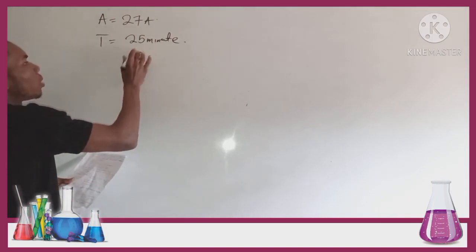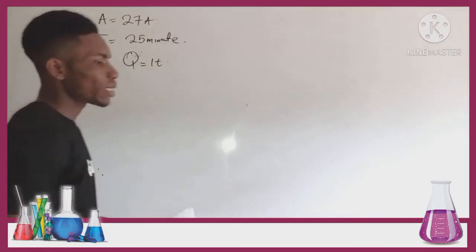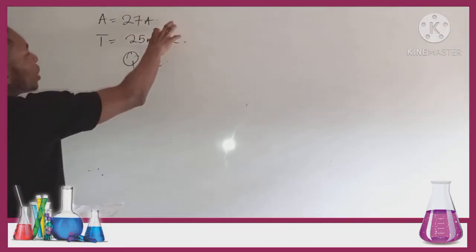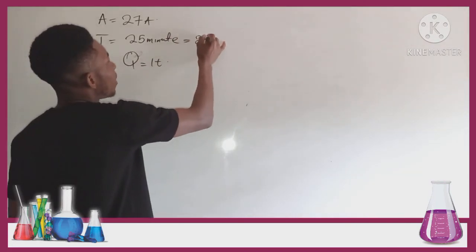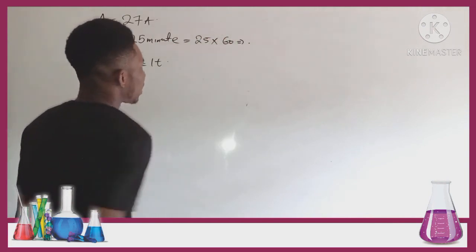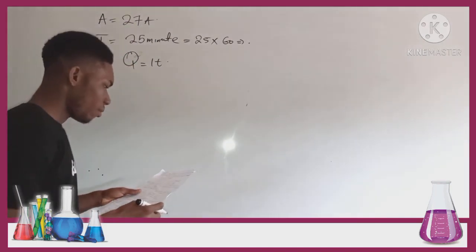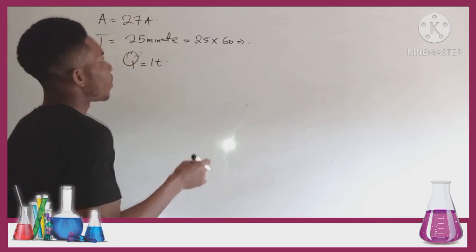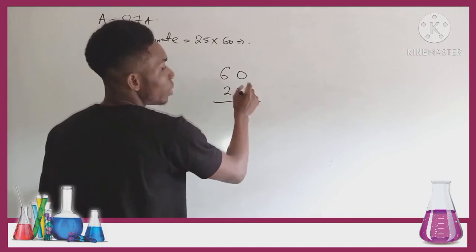Now, we know that Q is equal to IT. Your T is not in seconds, so you must convert to seconds. That gives us 25 times 60. Let me just do it here, since I don't have a calculator here.